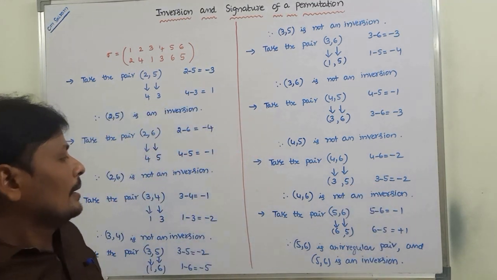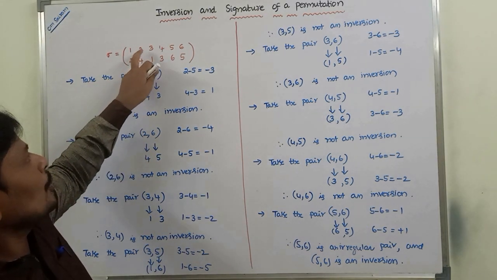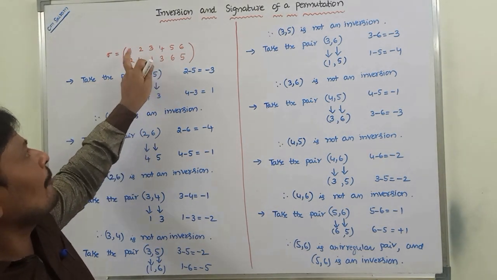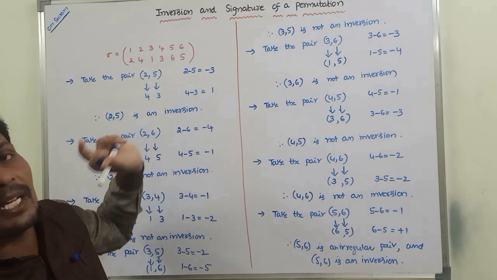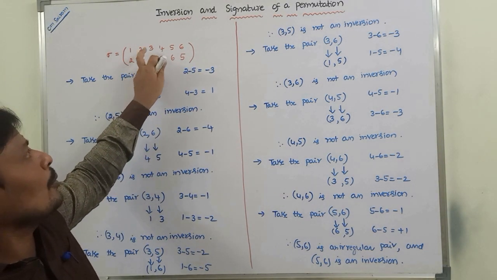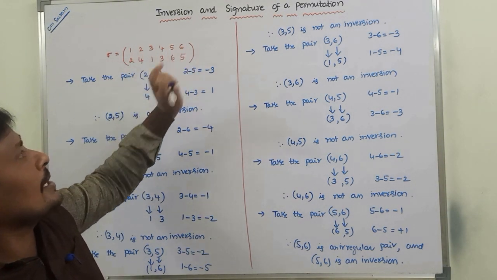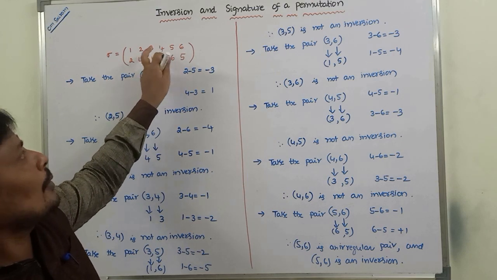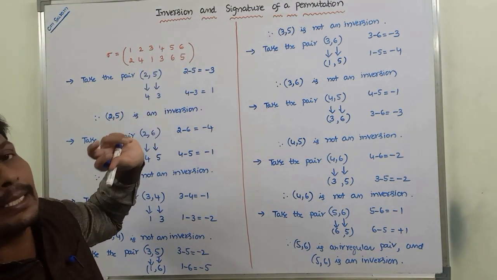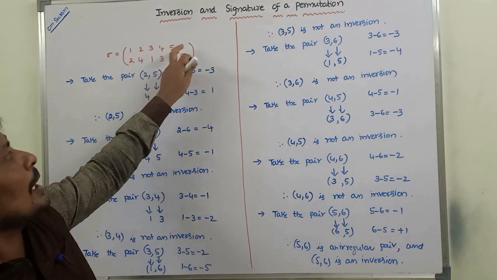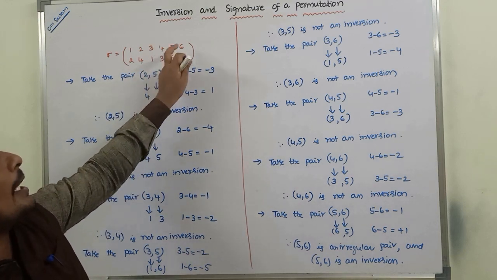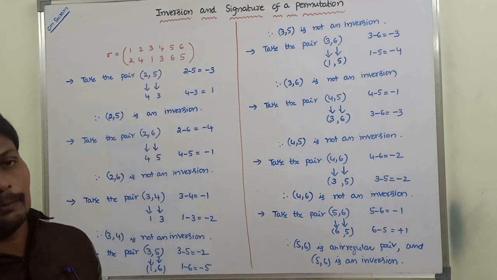Okay. So 1 comma 2, 1 comma 3, 1 comma 4, 1 comma 5, 1 comma 6 completed. 2 comma 3, 2 comma 4, 2 comma 5, 2 comma 6 completed. 3 comma 4, 3 comma 5, 3 comma 6 is completed. 4 comma 5, 4 comma 6 is completed. 5 comma 6 is completed. Okay.